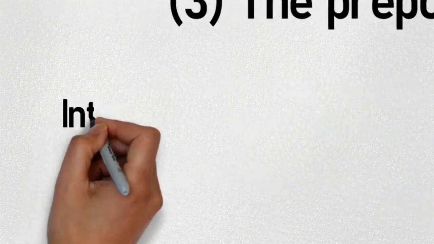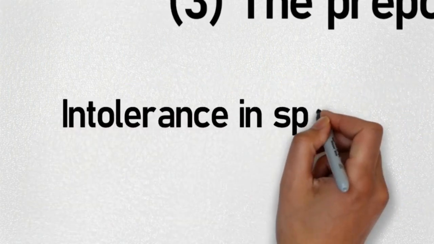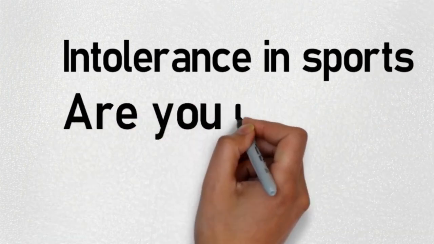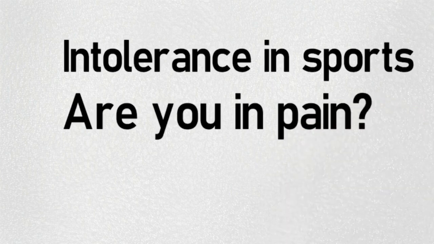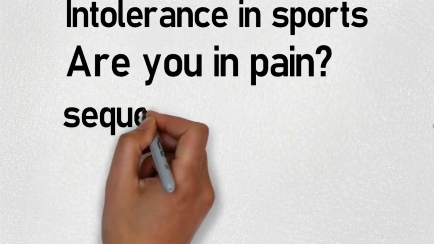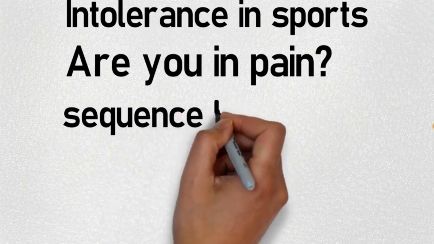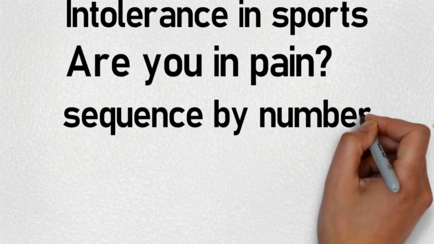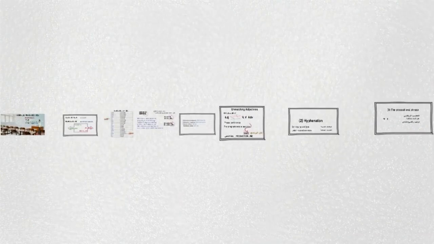If this word modifies a noun like التعصب الرياضي, one may tend to change the adjective into a prepositional phrase, like intolerance in sports. And for هل أنت متألم, are you in pain? متألم is an adjective, in pain a prepositional phrase. And for ترتيب رقمي عددي, sequence by number.